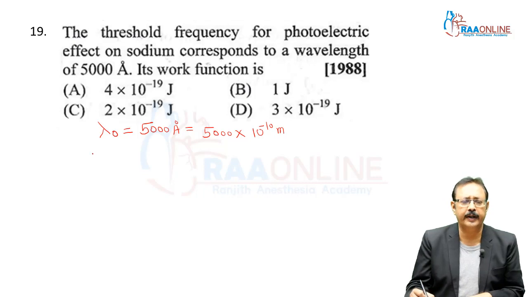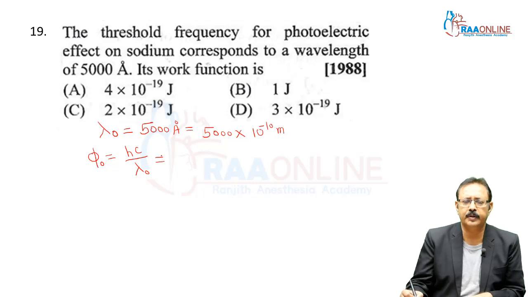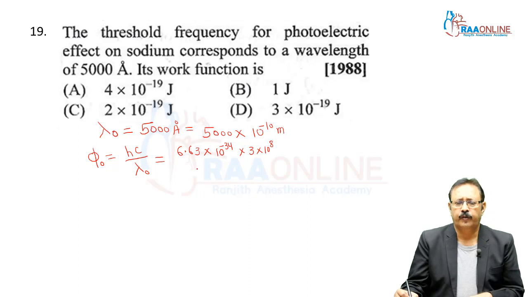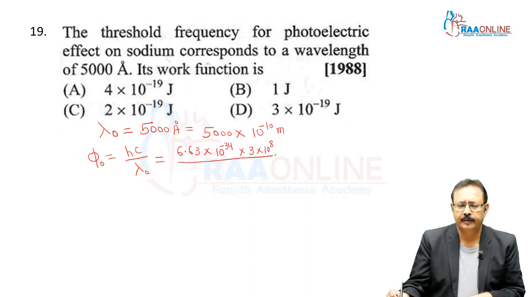We want to calculate work function, means phi naught. It is hc upon lambda naught. h and c are well known constants. One is Planck's constant and second one is speed of light in vacuum. So what we are getting, table of 5 is not a tough task.